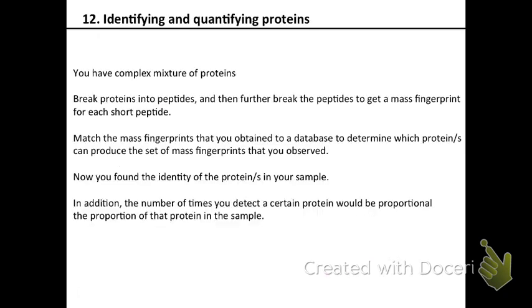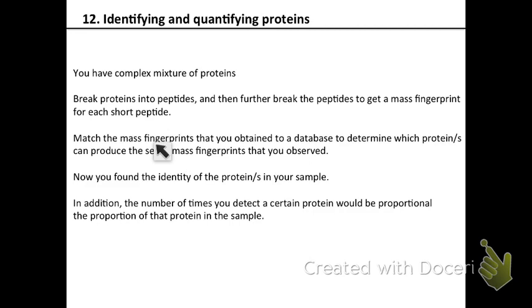All right, so a summary of this analysis is basically you have a complex mixture of proteins. You break these proteins into peptides and then separate them. And then you can take each of these peptides and break them into smaller peptides so that you can get a mass fingerprint for each short peptide.